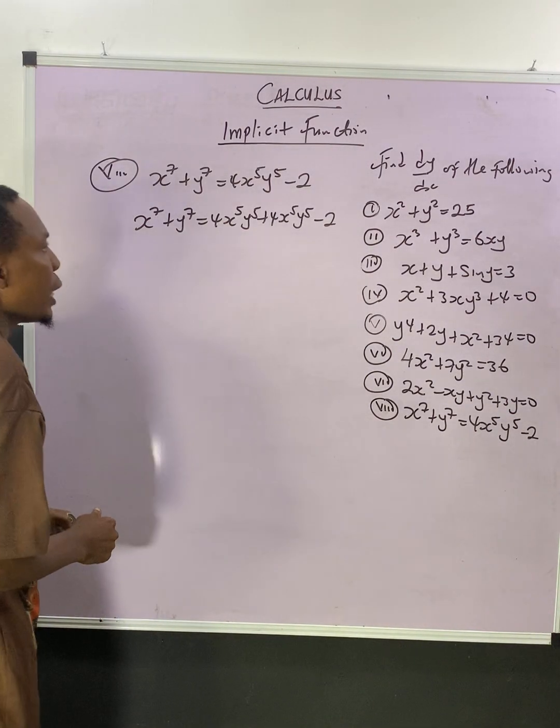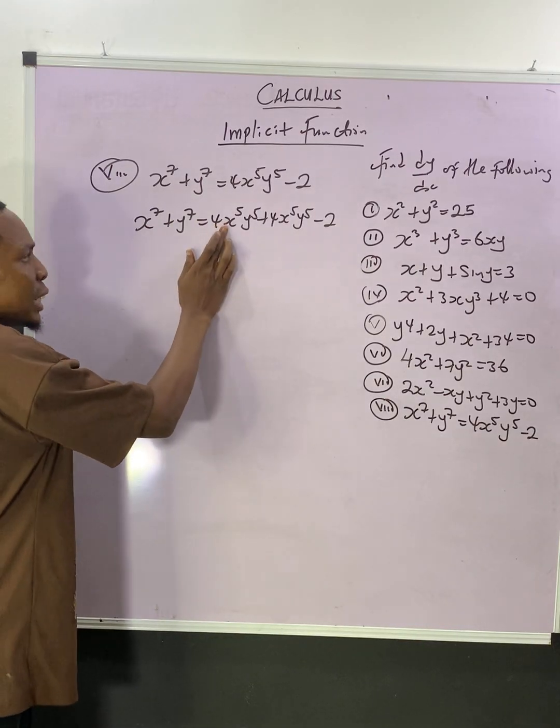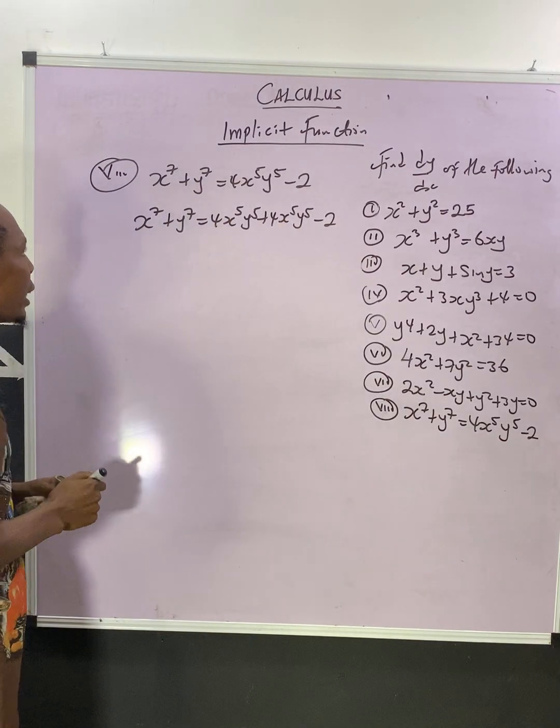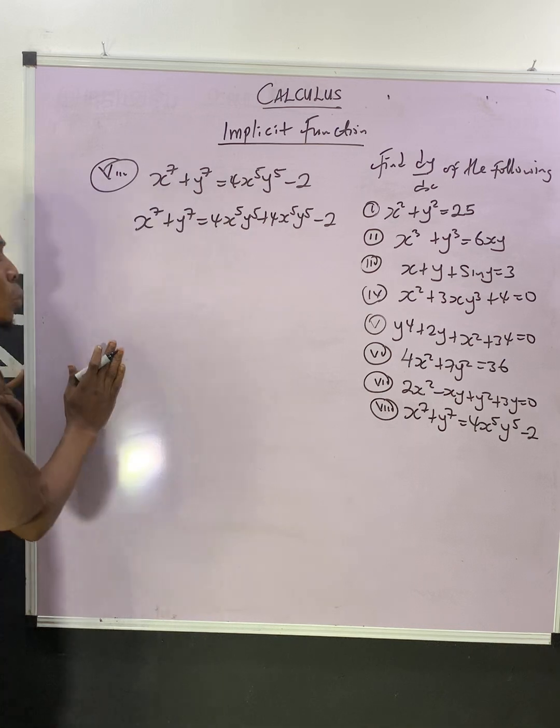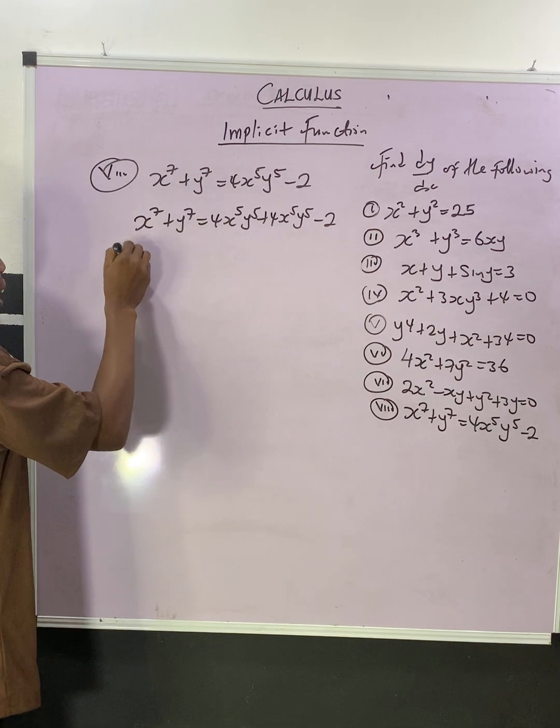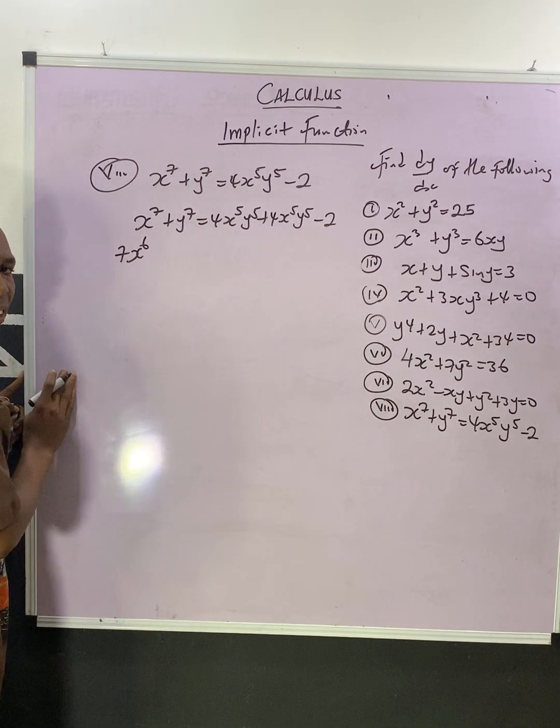So what do we do here? Here we differentiate x, while here we differentiate y. If we differentiate x to the 7, we have 7x to the 6.